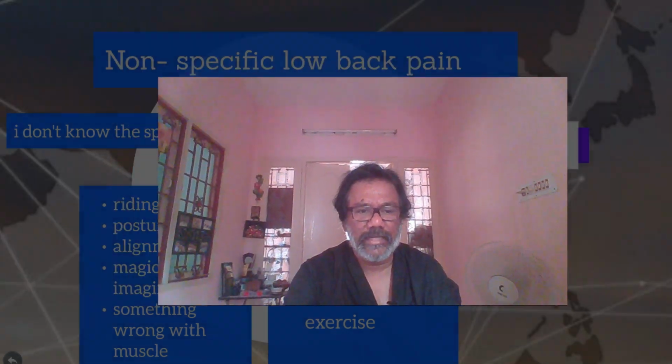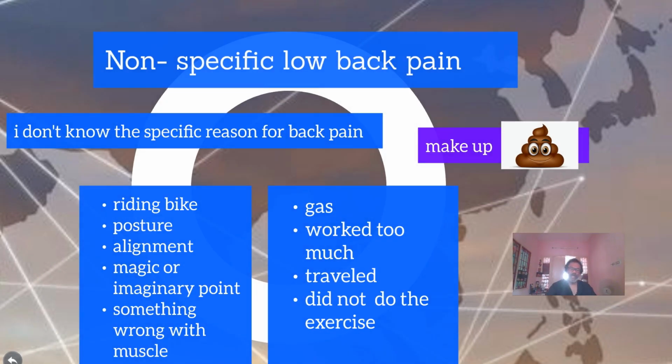Okay. You ask me what happens if I make them believe that these are the reasons, right? That is, riding a bike, posture, alignment, all these things. This is where our patients become worried. They catastrophize the pain. They may get into chronicity.